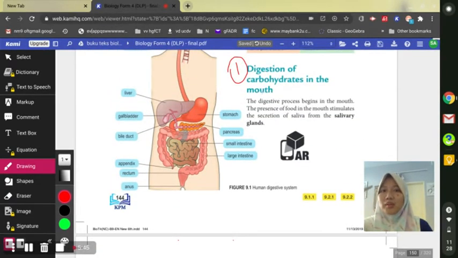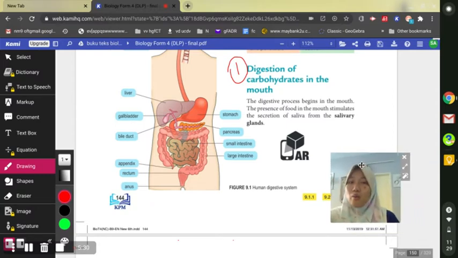Now we discuss digestion of carbohydrate in the mouth, meaning that only carbohydrate is available to be digested in the mouth. Why is that? I will discuss with you later. Before that, let's recap what carbohydrate is first, so it's easy for you to understand.